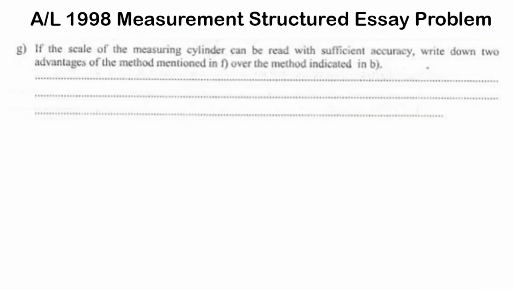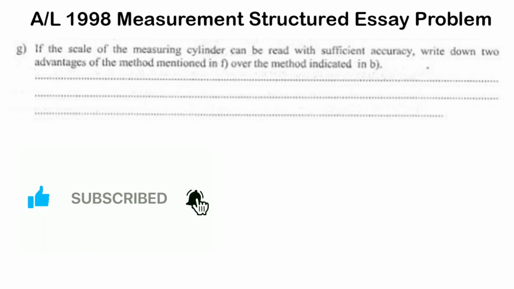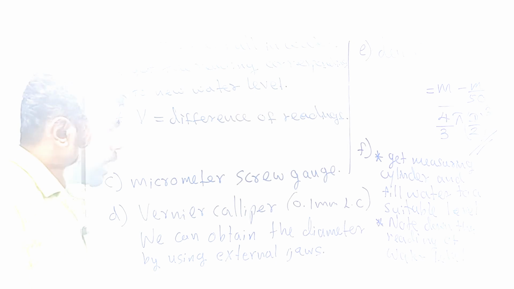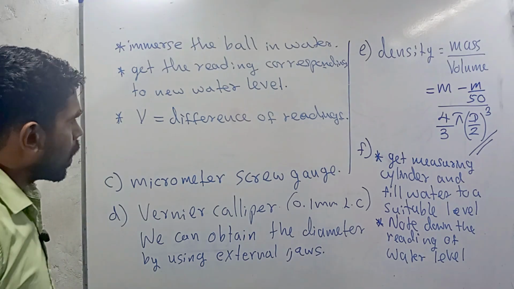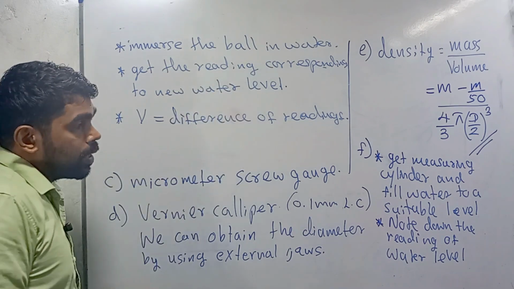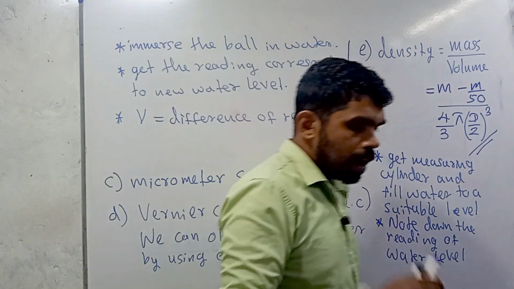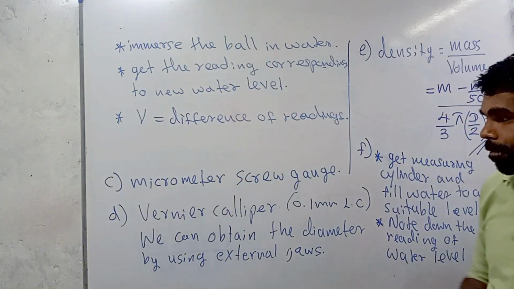In part G, if the scale of the measuring cylinder can be read with sufficient accuracy, write down two advantages of the method in F over the method indicated in B. Yes, we can obtain the volume of the sphere with a high accuracy by using the method described in F. It means the immersed in water method.